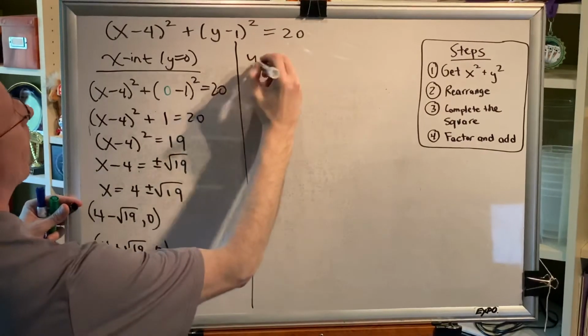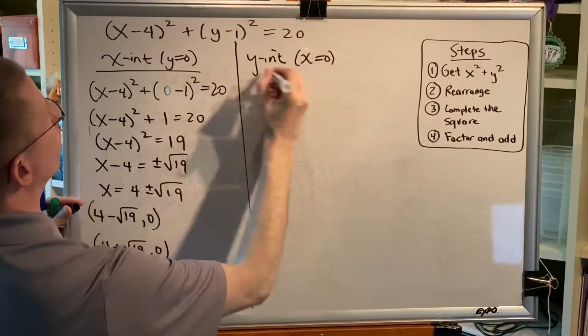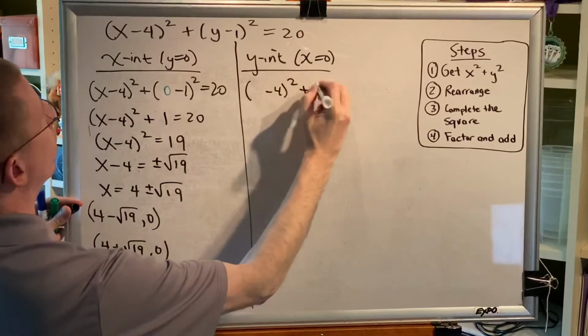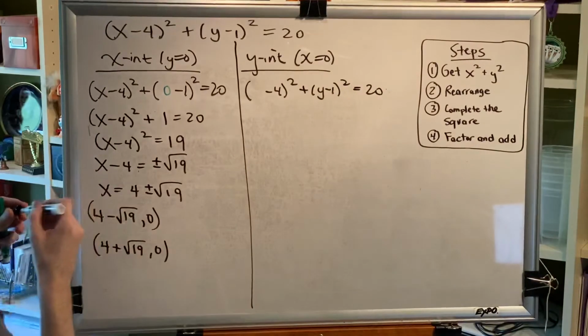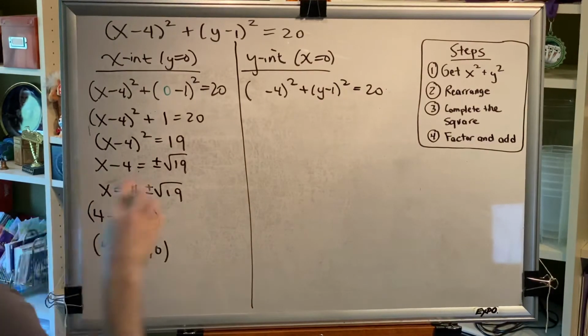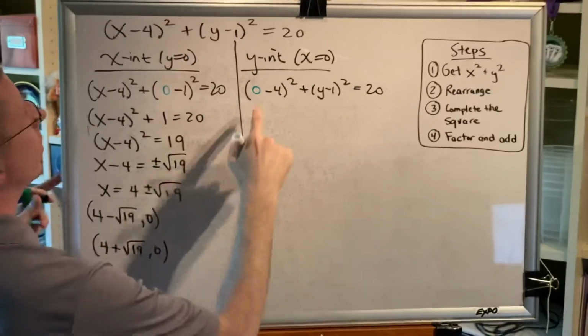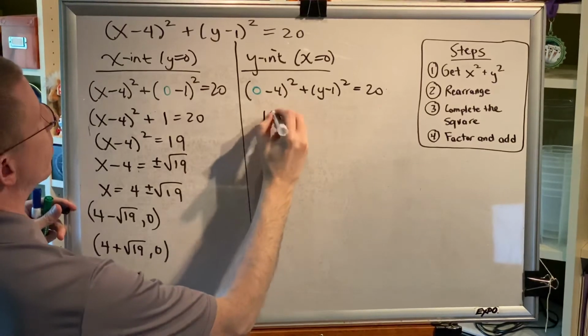Now, y-intercepts. We want x to be equal to 0 this time. So we get 0 minus 4 squared plus y minus 1 squared equals 20. Simplify. 0 minus 4 is negative 4, and when you square negative 4, you get positive 16.